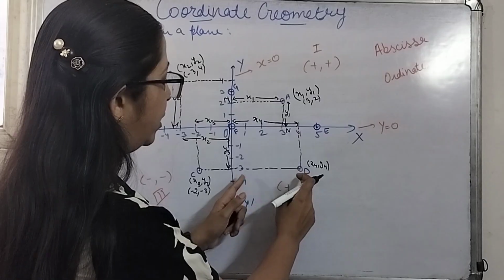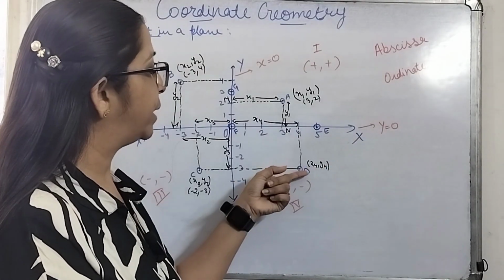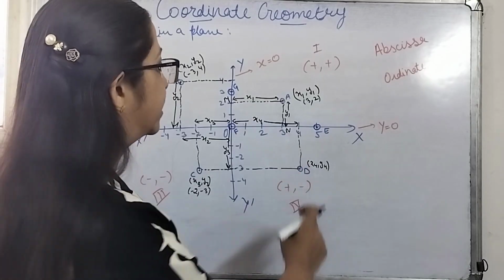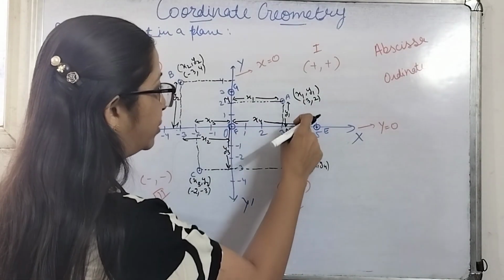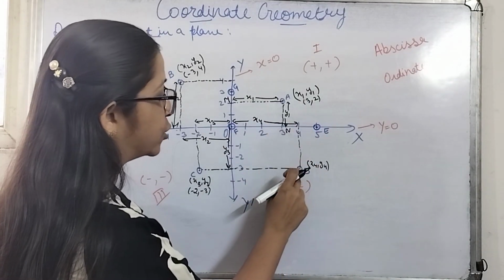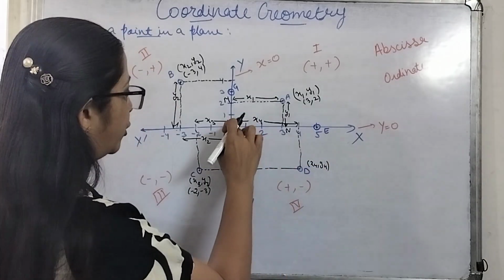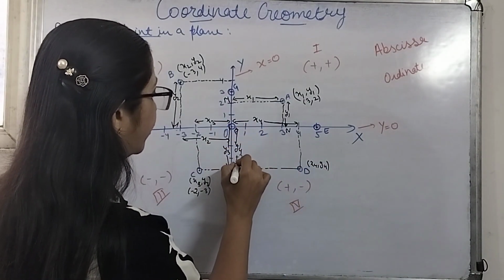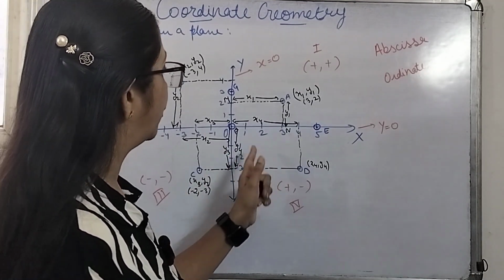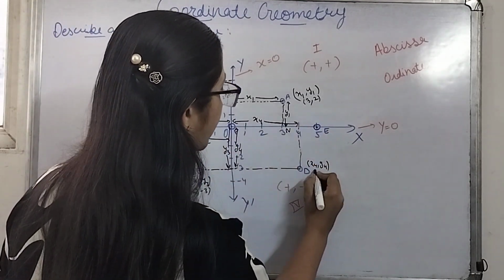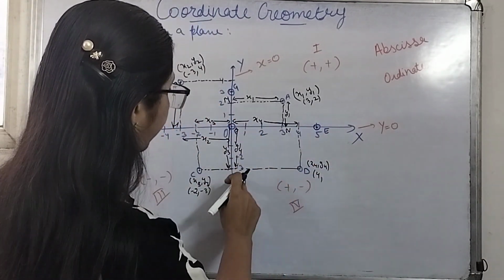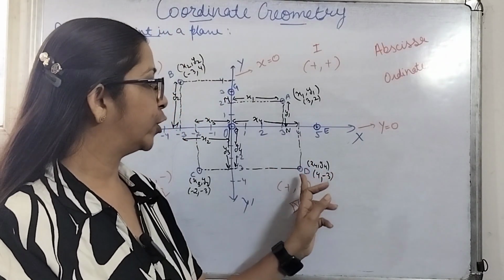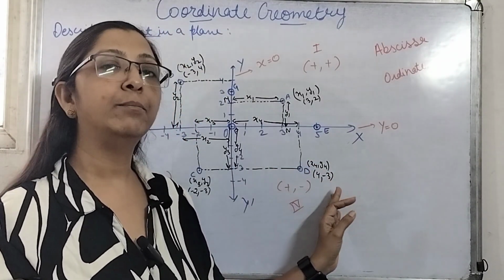And y4 is the perpendicular distance of the point from the x-axis, from here to here. This distance is your y4. So the value of x4 will be +4, and the value of y4 will be -3. So the coordinate of point D will be (4, -3).